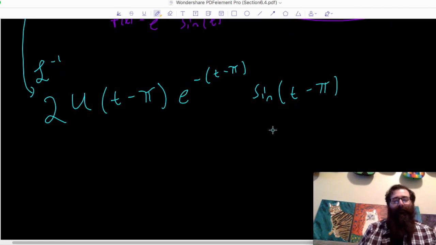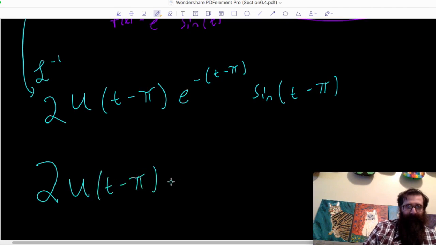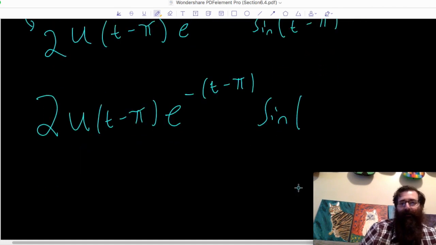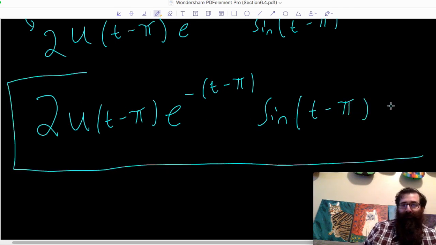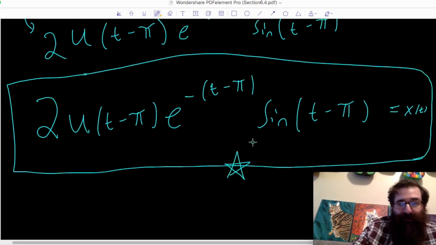So we wound up with 2 u of t minus pi times e to the power of negative quantity t minus pi times sine of t minus pi. And that would be our function. You want to call it little x of t, you want to call it little f, whatever your notation is. That would be our solution to this differential equation working with this impulse function.